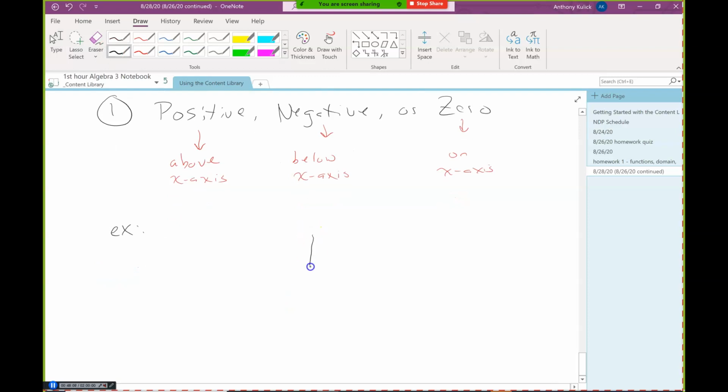So an example of this, typically when we do these kinds of problems, I'll give you a graph.